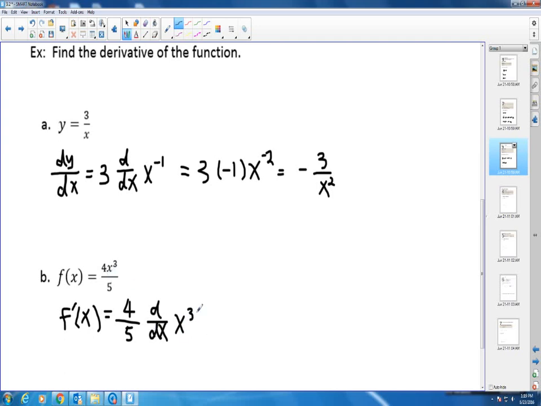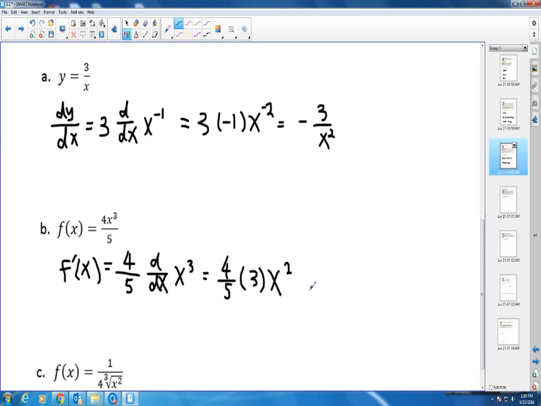So when I'm taking a derivative of x to the 3rd, my 4/5 is still up front times, move the exponent to the front of the variable and take my exponent minus 1, so that will be x squared. So 4/5 times 3, that will be 12 over 5. So my final answer is 12x squared over 5.